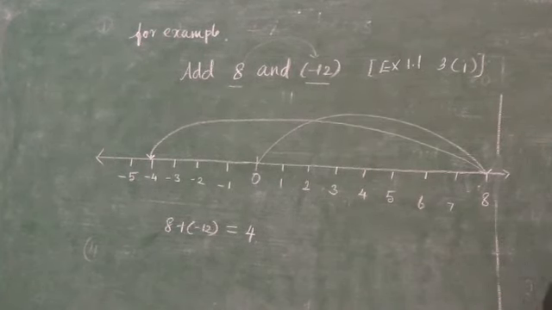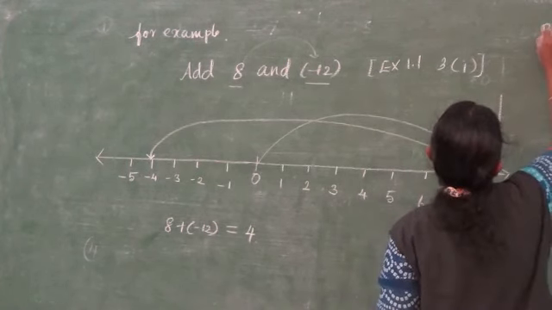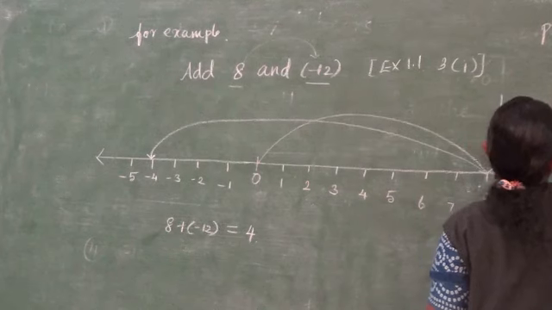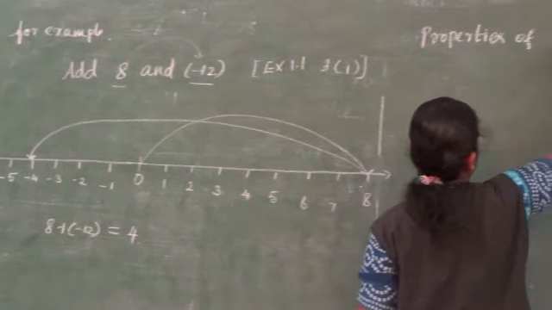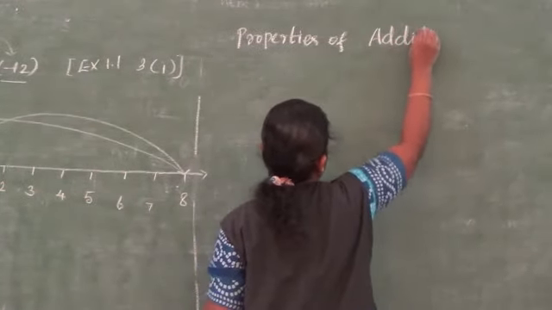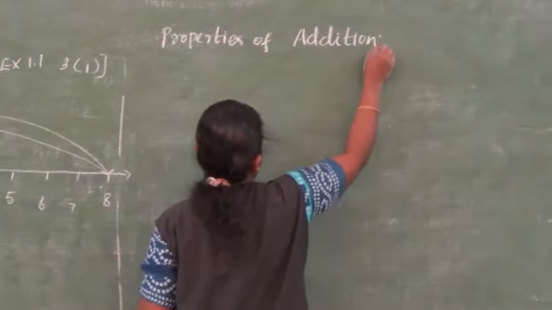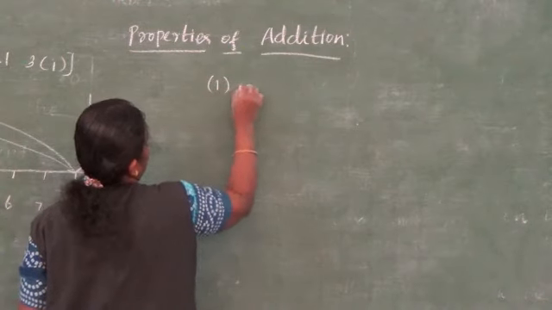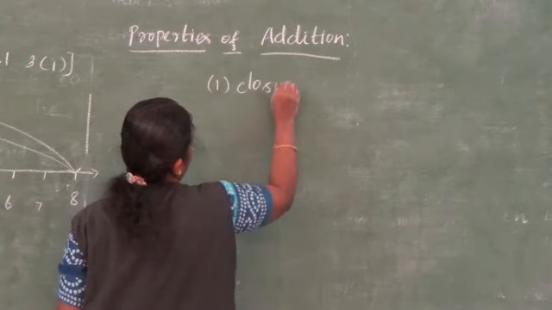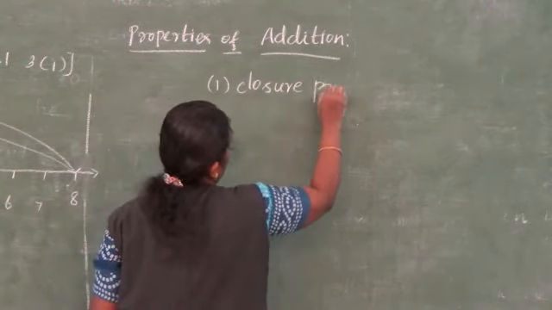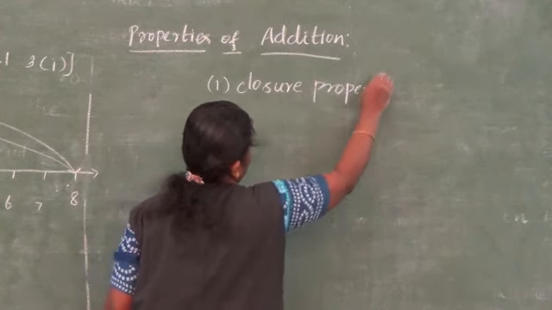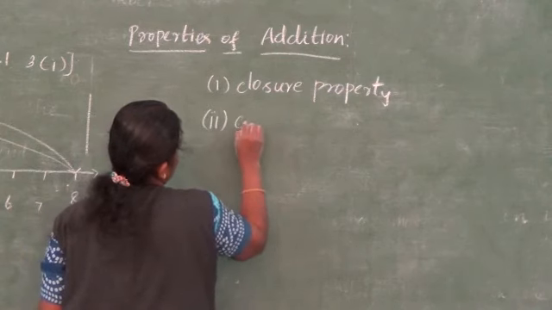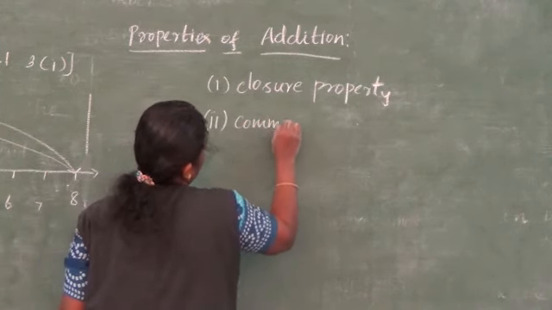Now, we learn the properties of addition. The first property is closure property. The second one is commutative property.